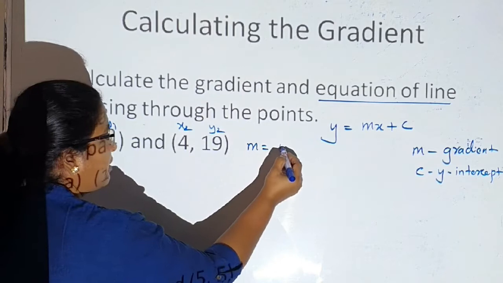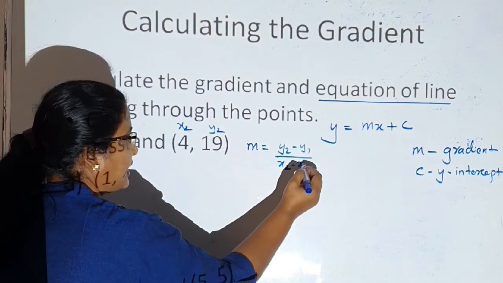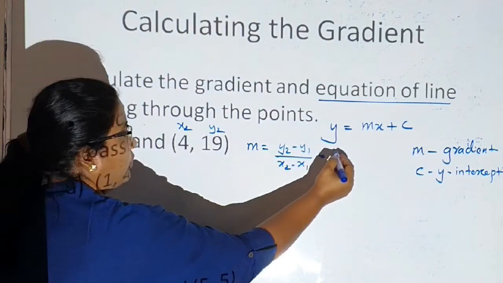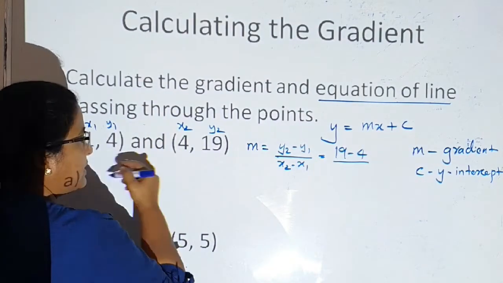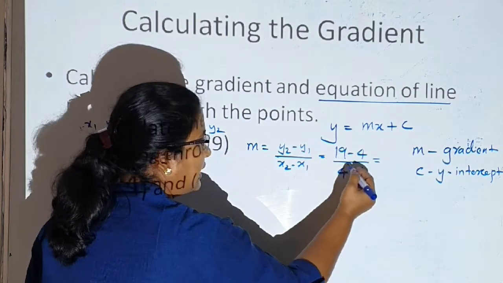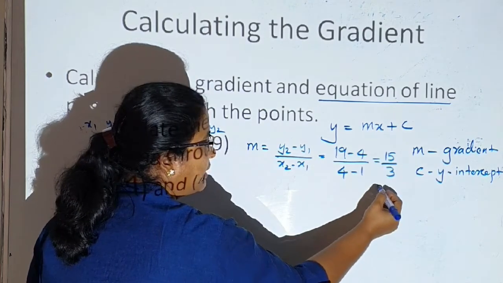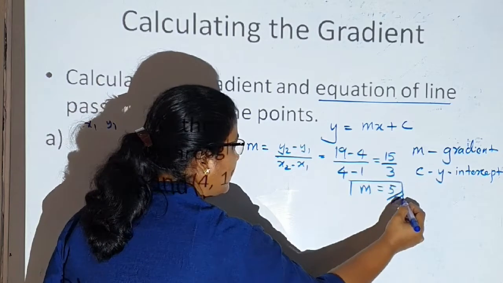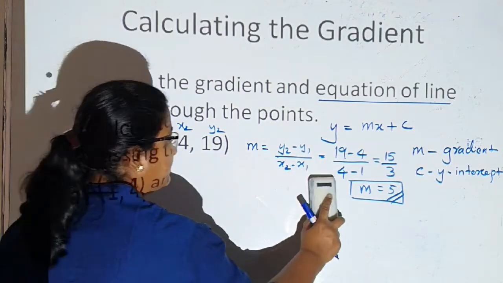So we will substitute in the formula, y2 minus y1 over x2 minus x1, which is 19 minus 4 over 4 minus 1. 19 minus 4 is 15, 4 minus 1 is 3, 15 divided by 3 is 5. So the gradient, we got it, the value of the gradient is 5.